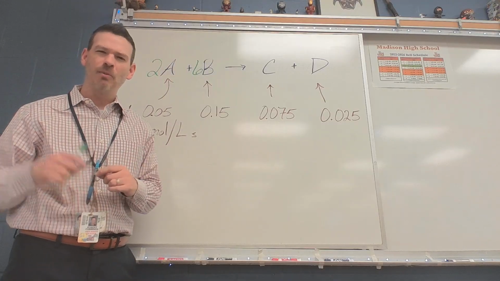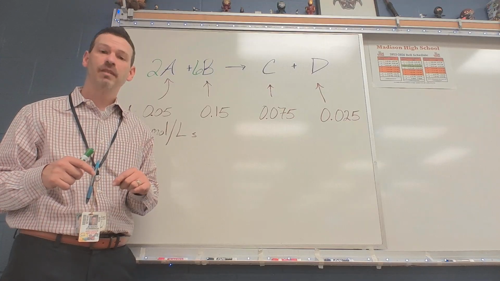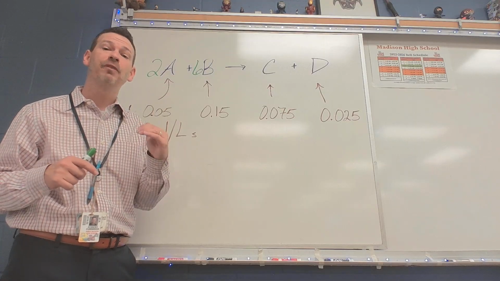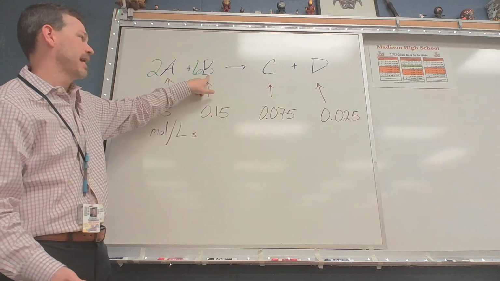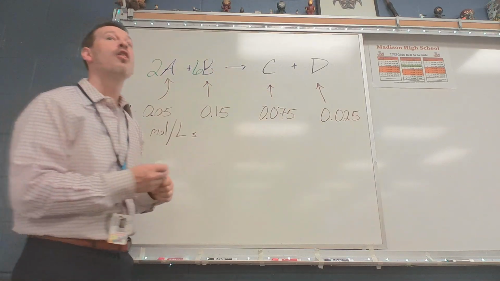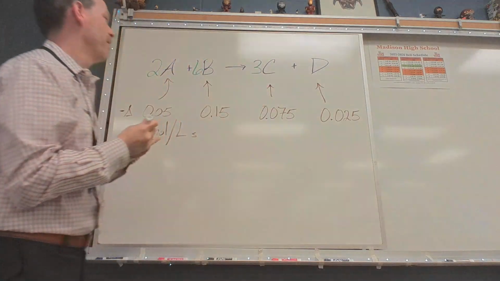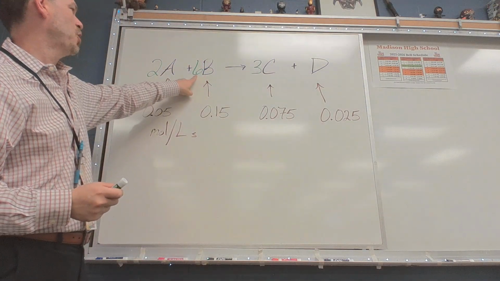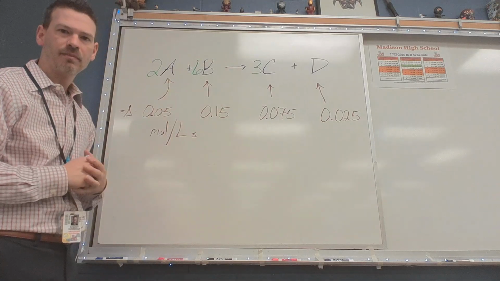How would you describe those numbers? 7.5 is what of 15? It's half of it. 7.5 is half of 15. That means the kinetics here are half of the kinetics there, which means the coefficient must be 3. Yeah, if this coefficient is 6, half of it would be 3.